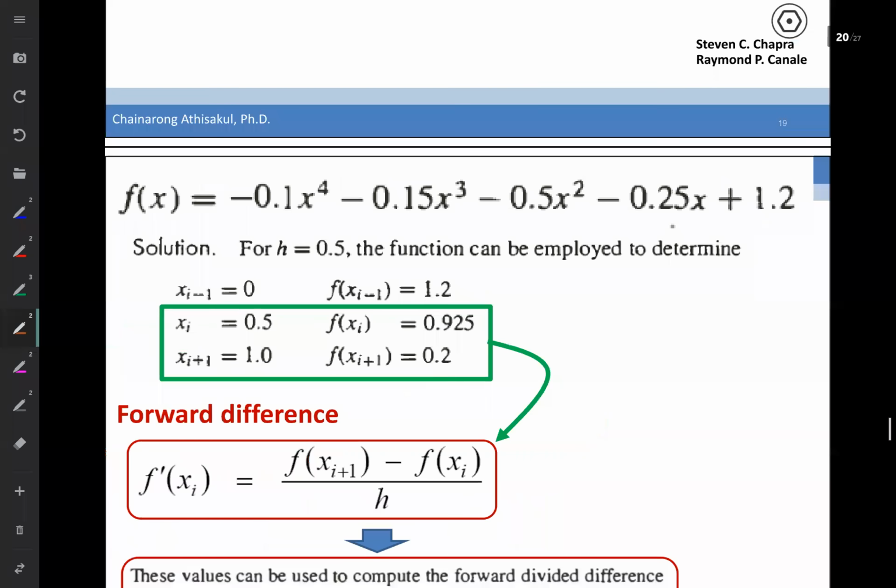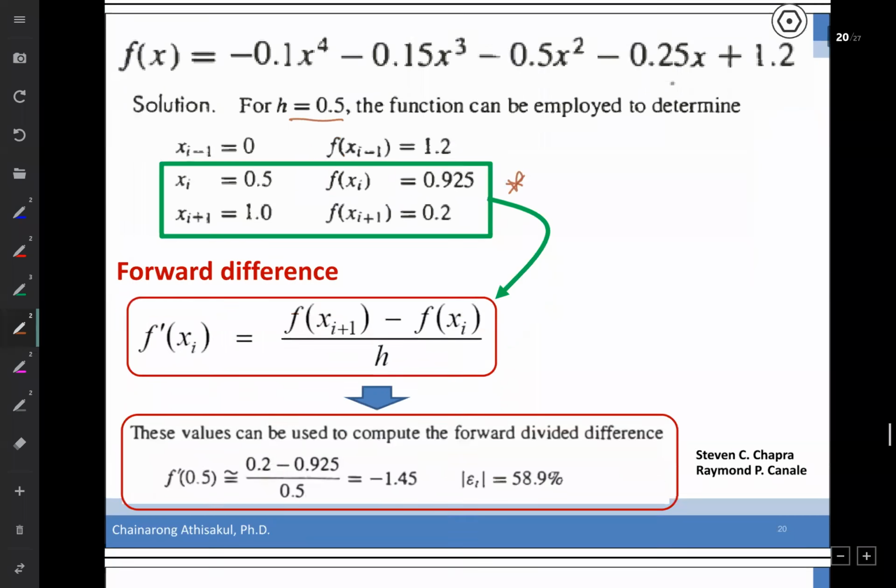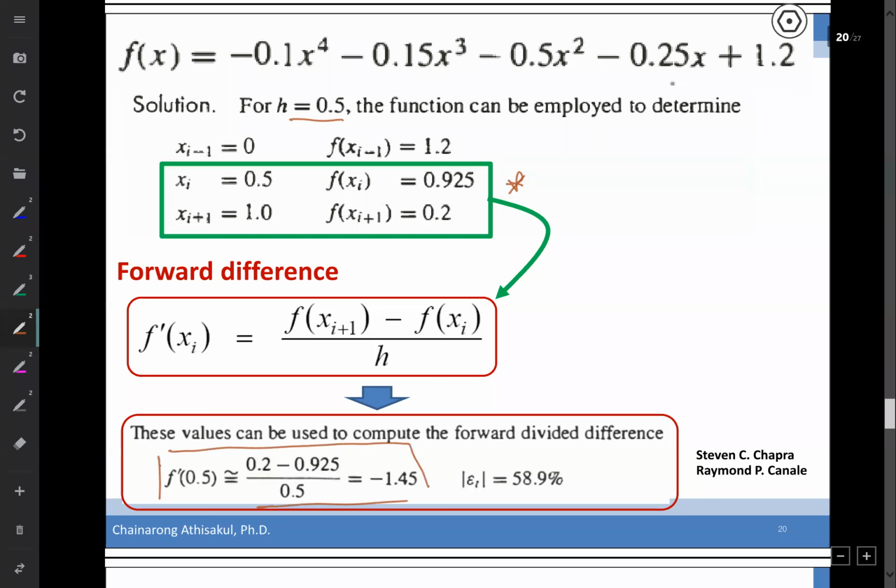the forward difference, by using h equal to 0.5, we substitute these two values into this function. So you see that for the forward difference, we get the value of this, with h equal to 0.5.